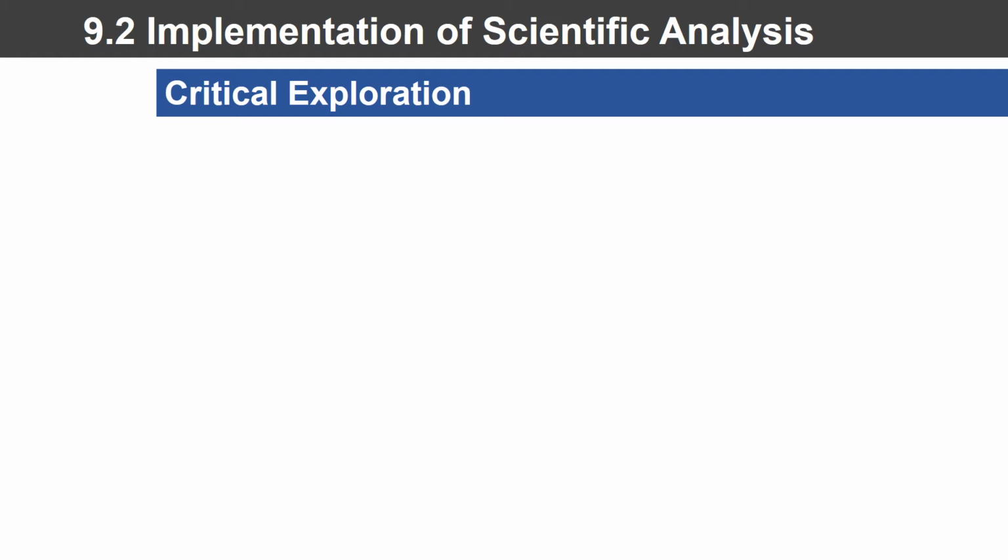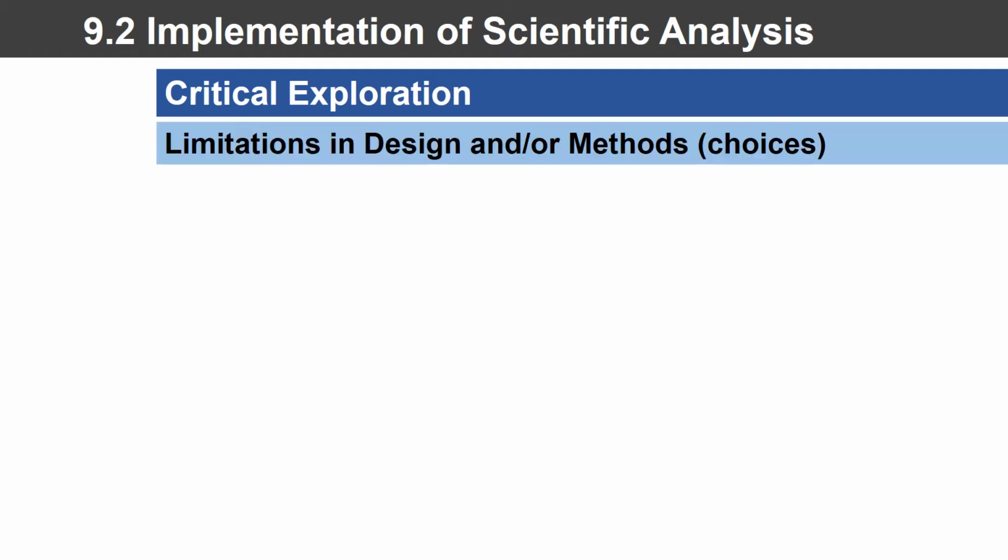We're going to now explore the second component of the paper anatomy, which is the overall experimental design and the materials and methods. We're going to look for limitations in them. Now, every scientist makes what I have in parentheses here, choices.